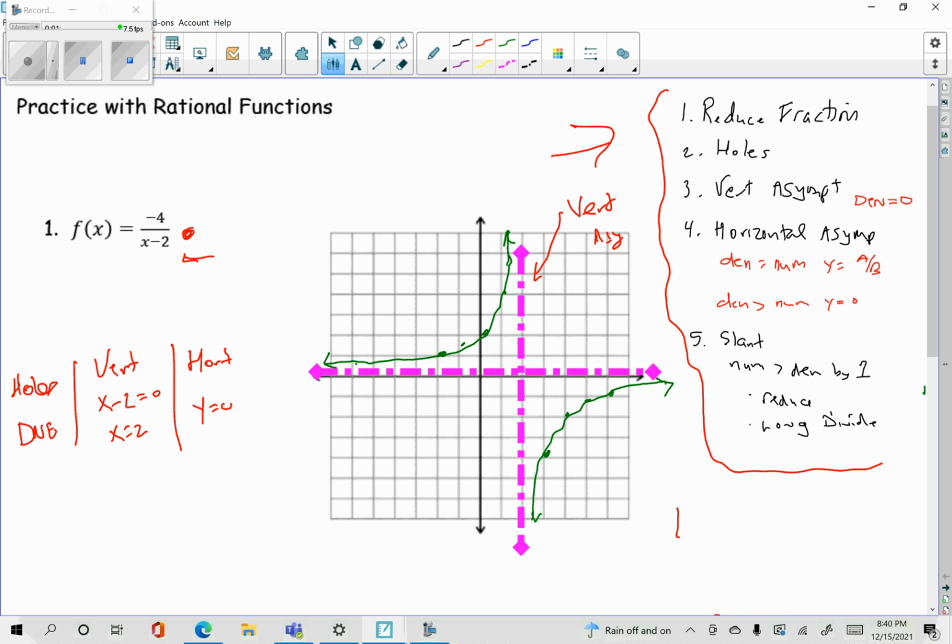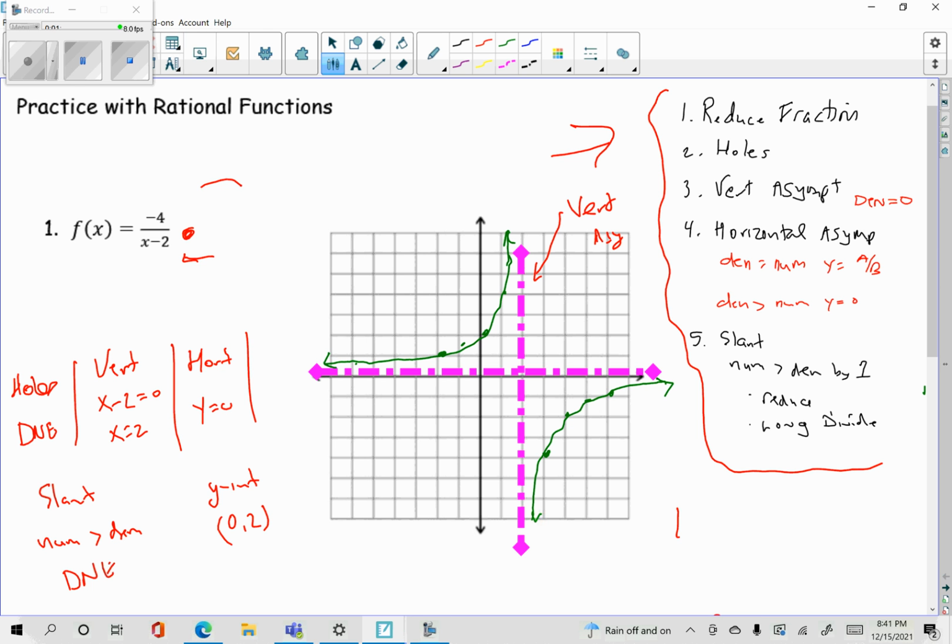All right. And then we do slants, right? The slants you do is if the numerator is bigger than the denominator, which is not the case, so it does not exist. So then looking at this, there is no x-intercept, so the y-intercept is at 0, 2.